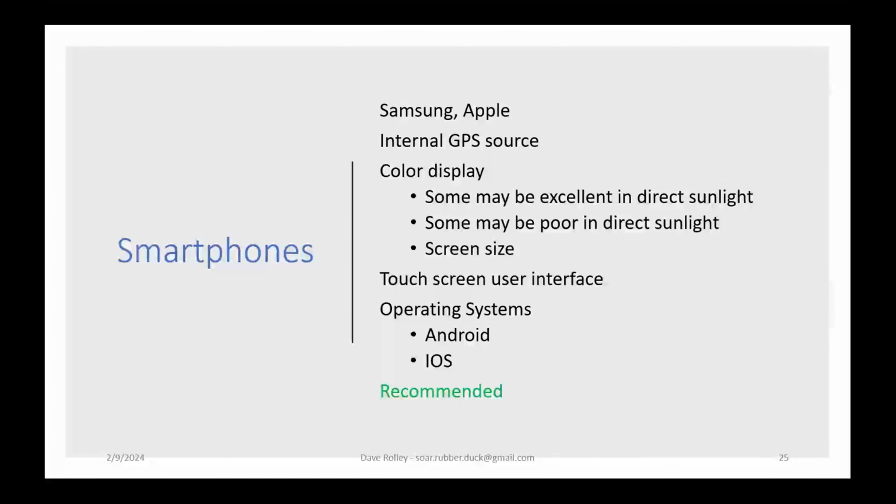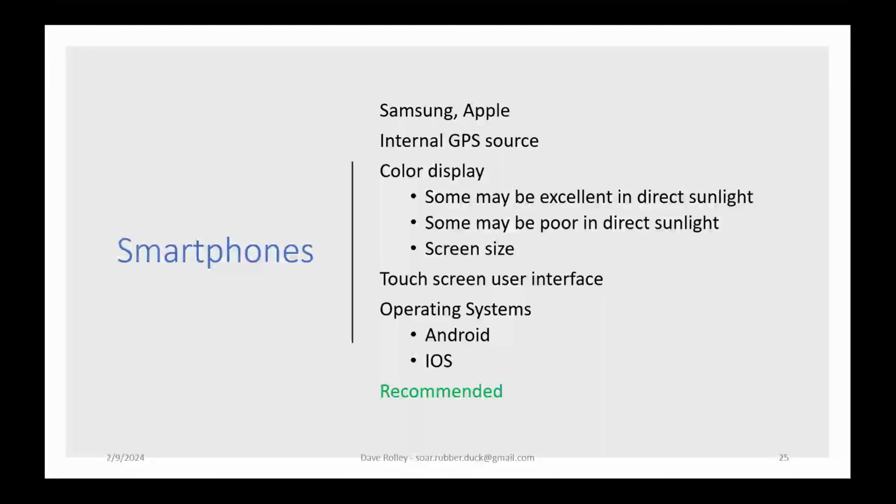With smartphones, there are a whole lot of others out there, but the ones that I've worked with are Samsung and Apple. They have internal GPS sources. They have a color display. Some of them are excellent in direct sunlight. Some are less than excellent in direct sunlight. One of the things, until fairly recently, probably about the last 4 or 5 years, the screen size could be an issue with these guys.